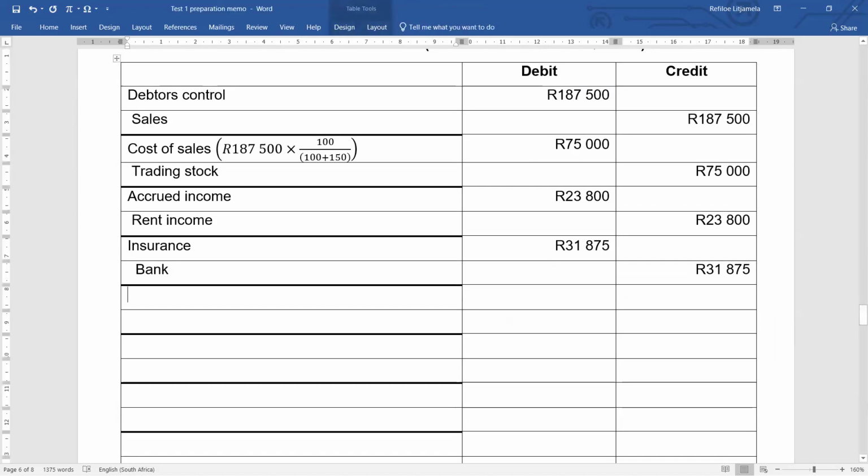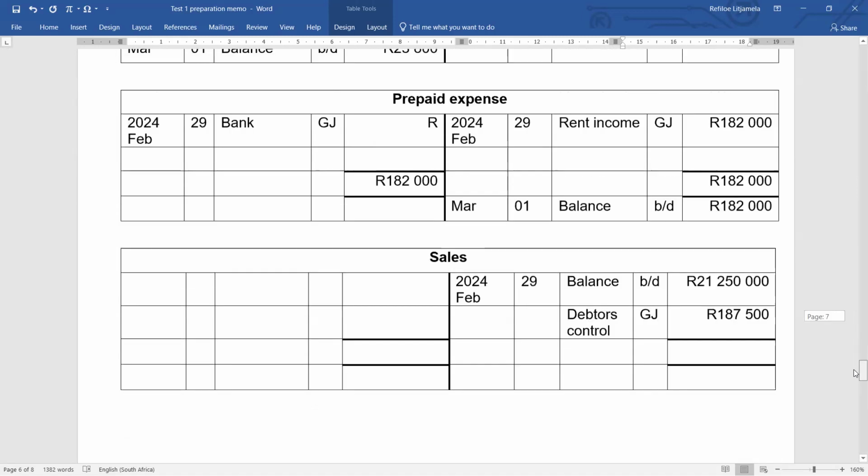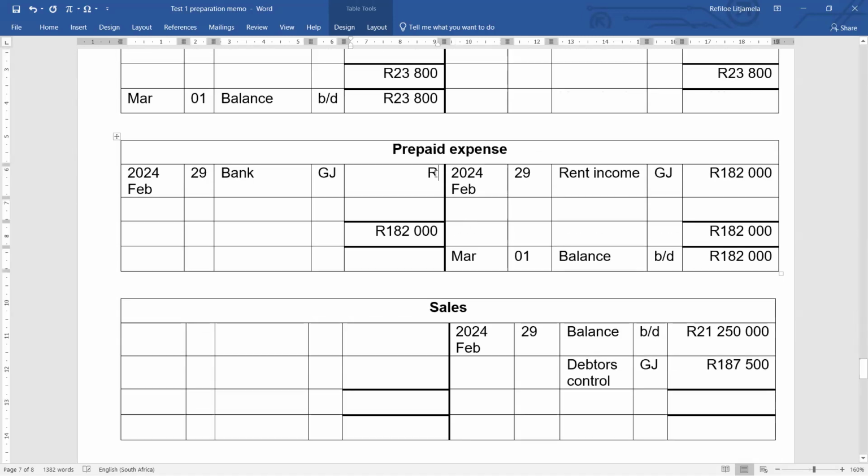Now, to record it, I'm going to debit prepaid expense by 53,125 and then credit bank. We could have done this in one entry, which is 53,125. And when you put it in the general ledger, you debit prepaid expenses by 53,125, get the total, which must be the same on both sides.